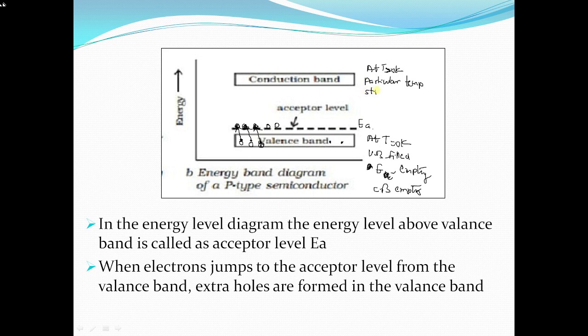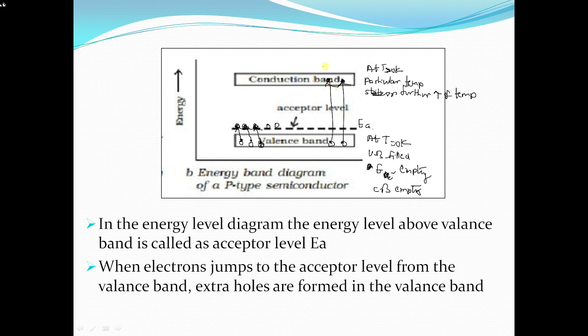Still, if you give temperature, on further increase of temperature, what happens? The electrons move from the valency band to the conduction band, leaving holes in the valency band. You know which electrons are responsible for conduction?